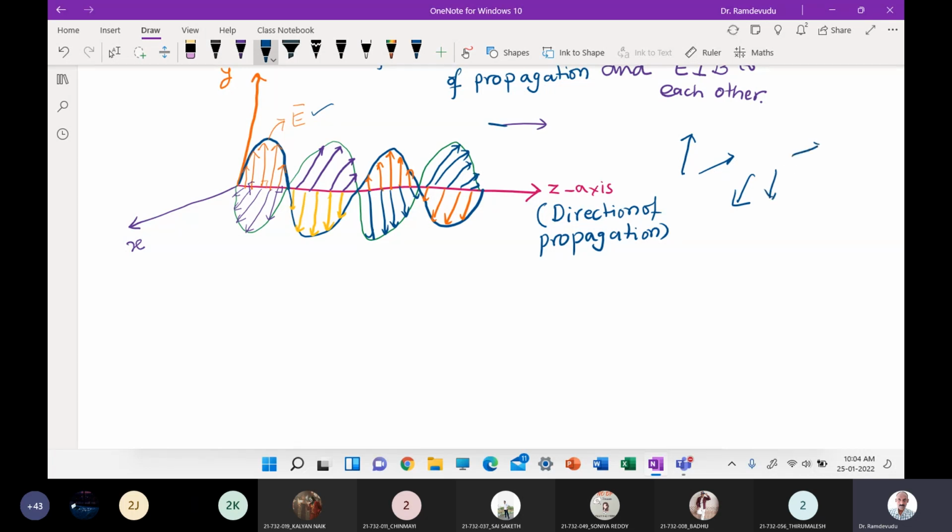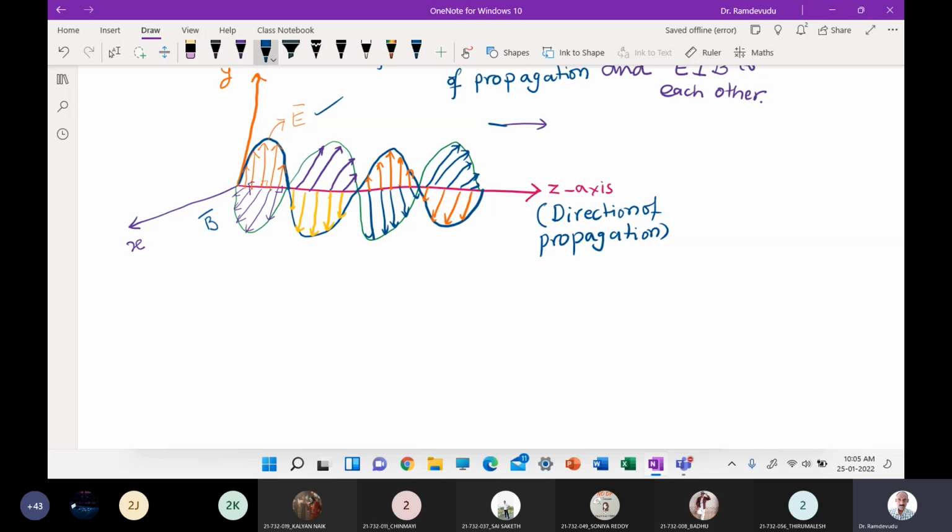That means as the E vector is being changed or undergoing variations, automatically a magnetic field is produced. That's why in an electromagnetic field, since E is changing, B will be there always. Therefore, E is the cause, and B is the effect. E will be changing, therefore B is there.